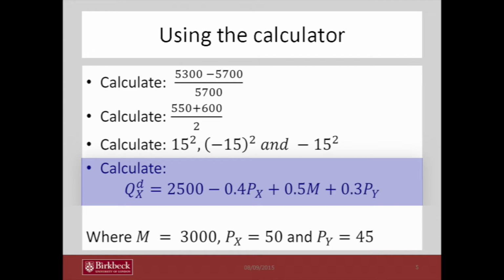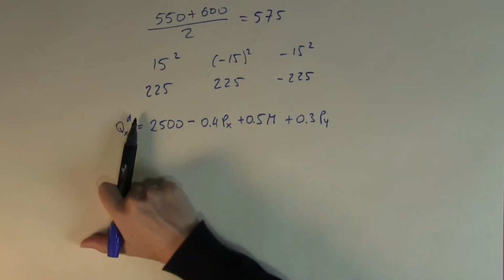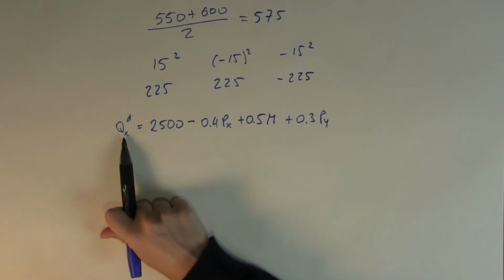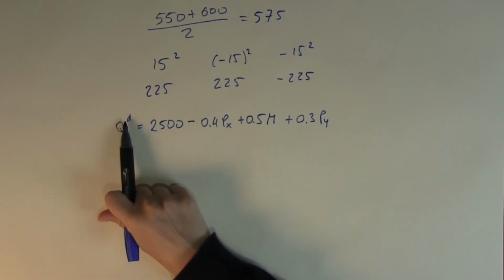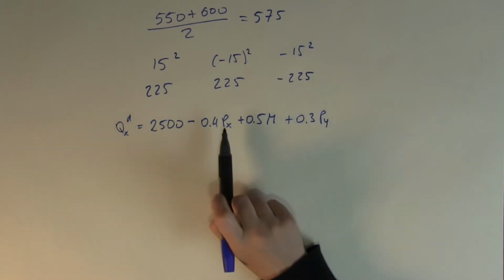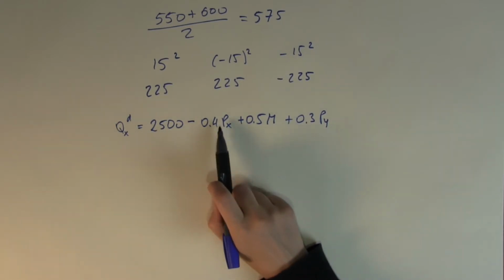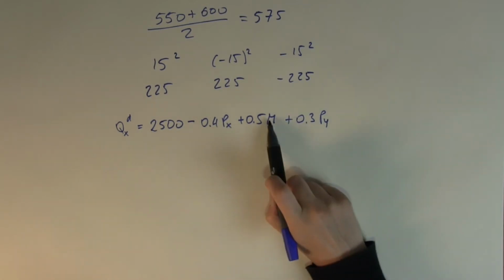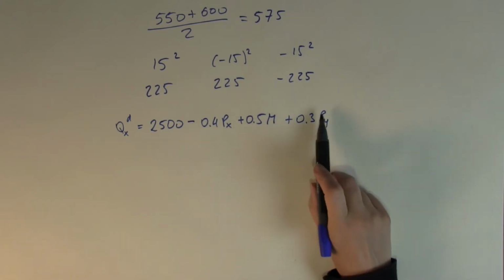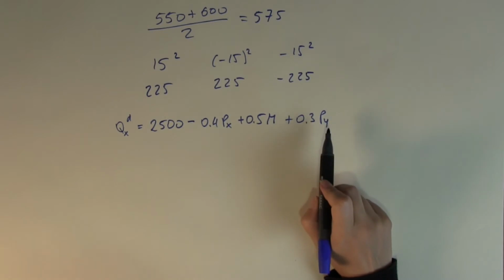Well, as we mentioned in a previous slide, QXD means the quantity of product X demanded. But PX, what does it mean? P, as I mentioned, is usually price, so it would be the price of product X. Capital M is the income in most cases, and PY is the price of product Y.